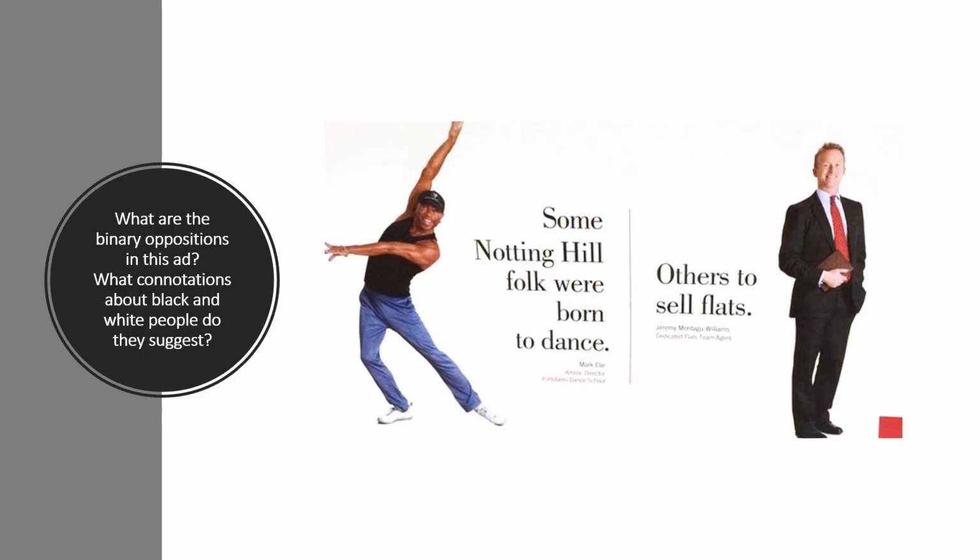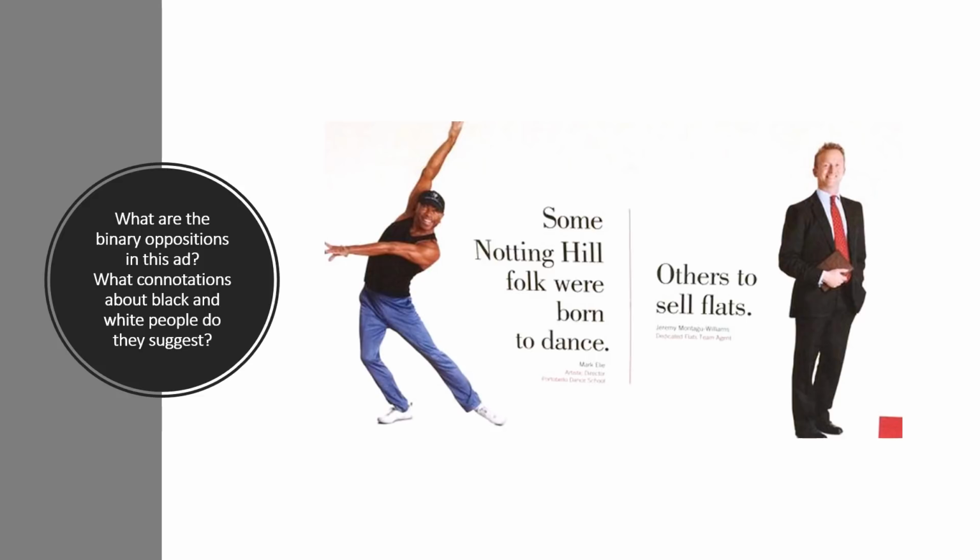So again, make a list of all the connotations associated with the photo of the black man in the photo to your left, and a set of connotations that we can attach to the white guy on your right. And once you've made that list and looked at them in binary opposition to one another, so obviously the overarching one here is black, white, or coloured person, white person, non-Anglo person, Anglo person.